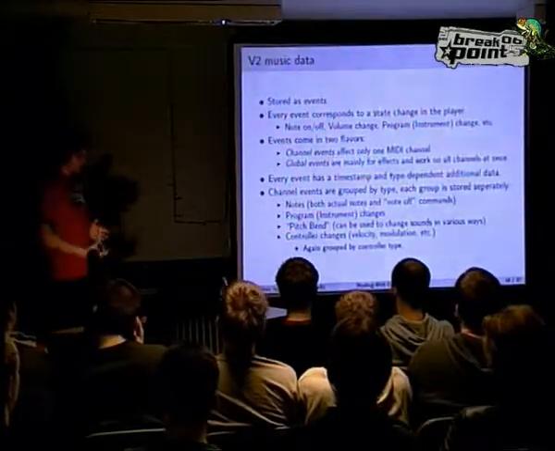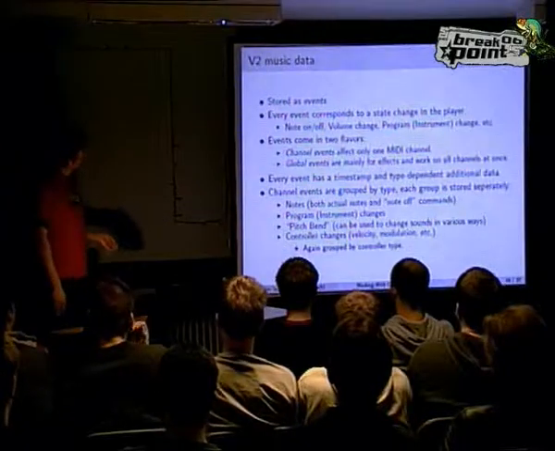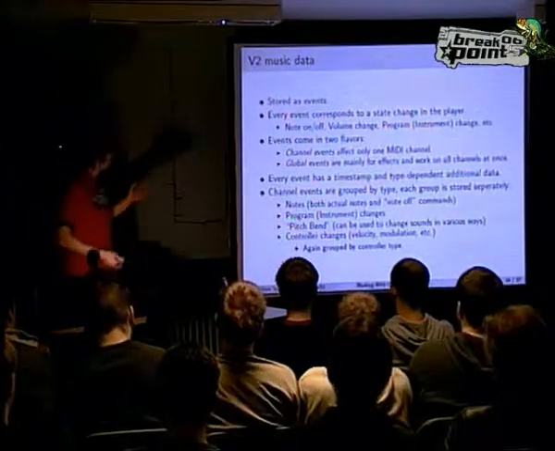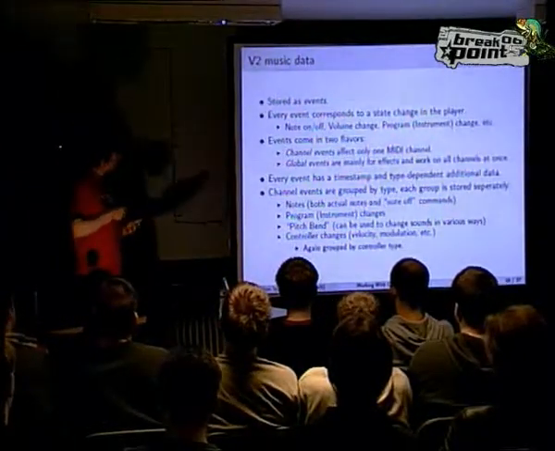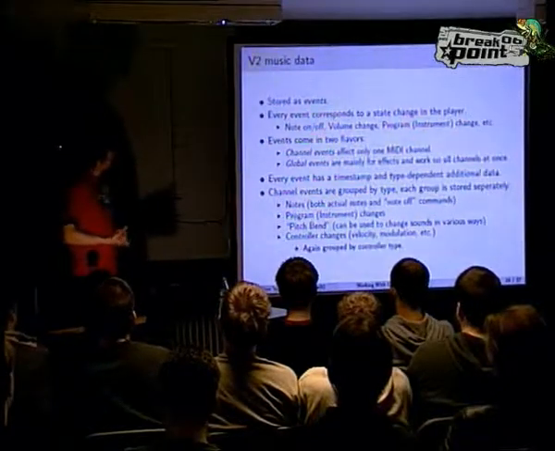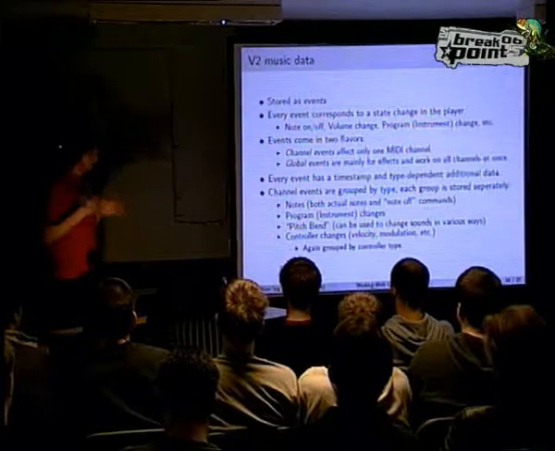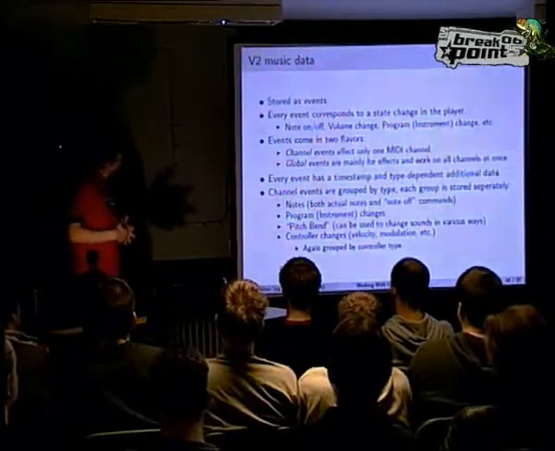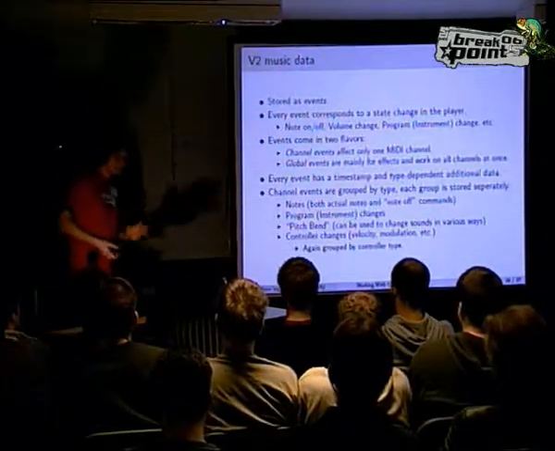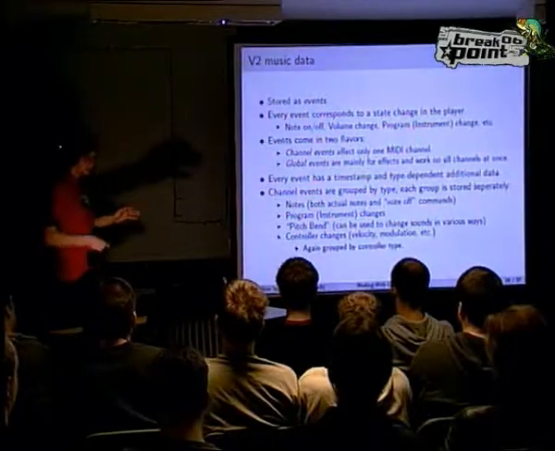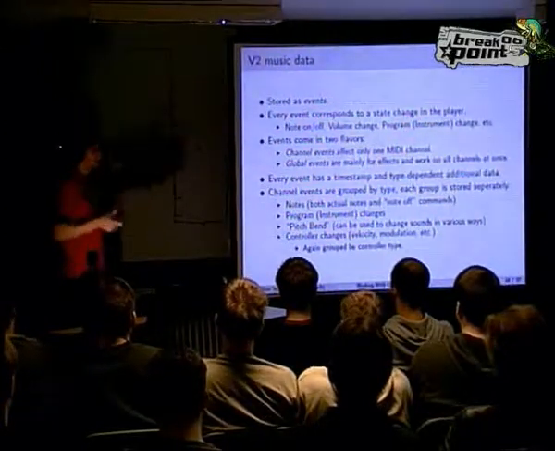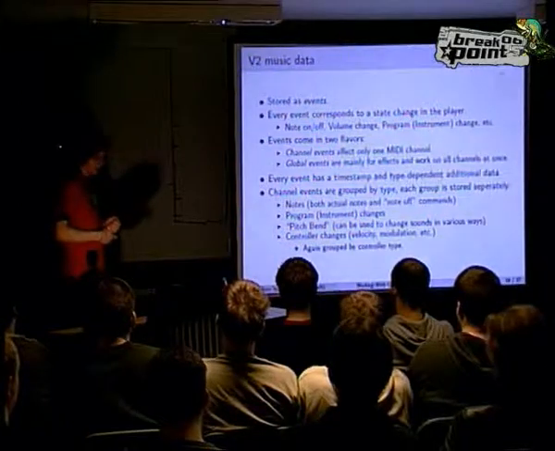And there are global events, which are there because the V2 is not the standard MIDI instrument like you would usually have, but also has some mastering filters and post-processing effects. So that's what gets controlled by the global events. And every event has a timestamp and some additional data that depends on what type the event is.